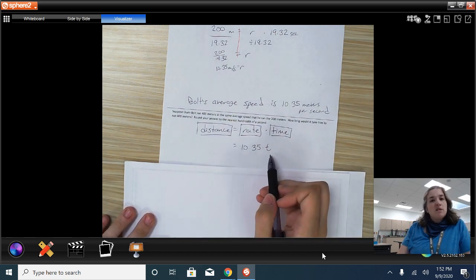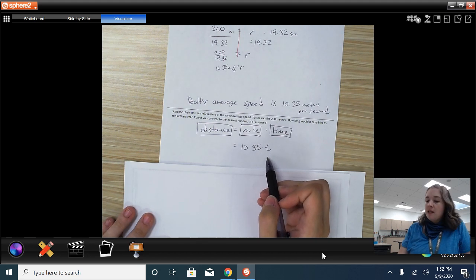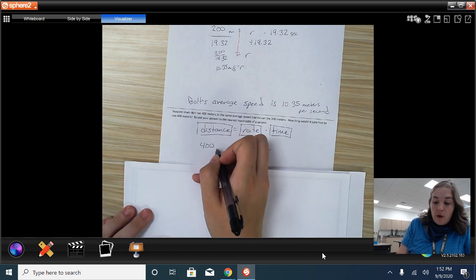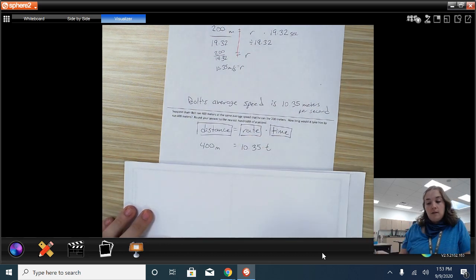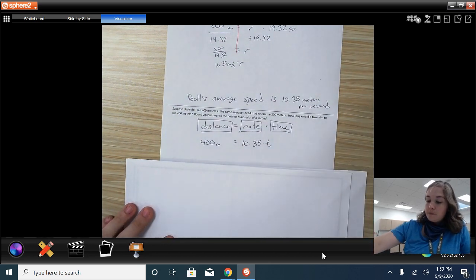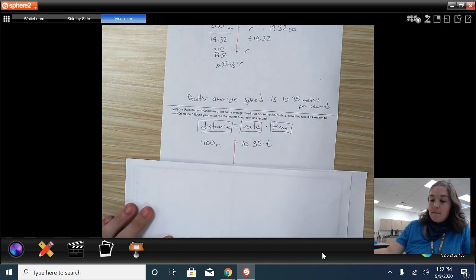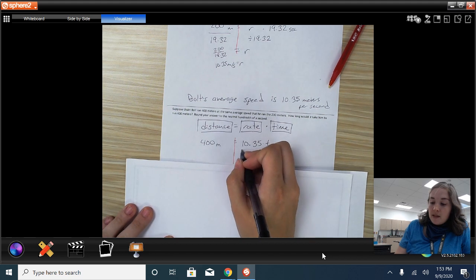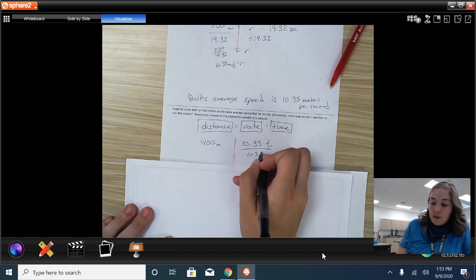I try to write cursive T's for time. That way you can tell it's not the same thing as a plus. And then distance. This time, we want to know how fast he'd run a 400-meter race. So I want to have my time by itself. It's being multiplied by 10.35. That means I need to divide both sides by 10.35.